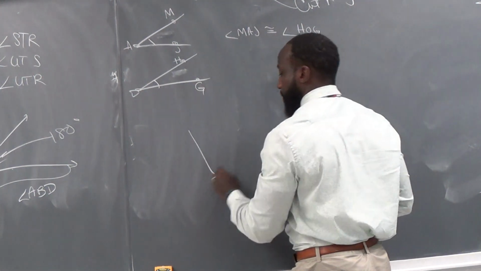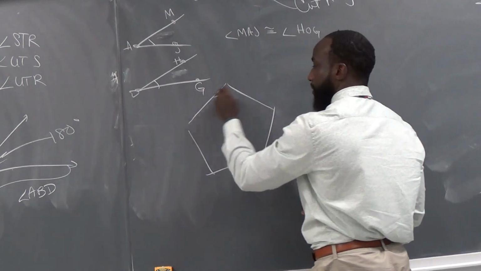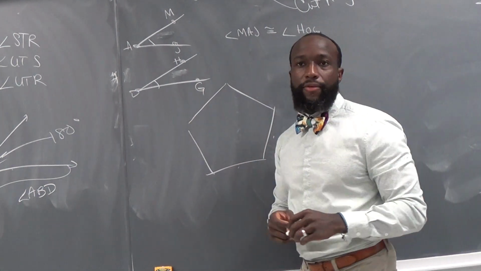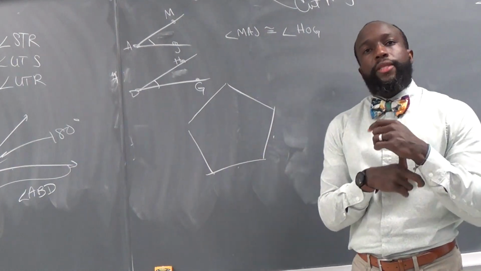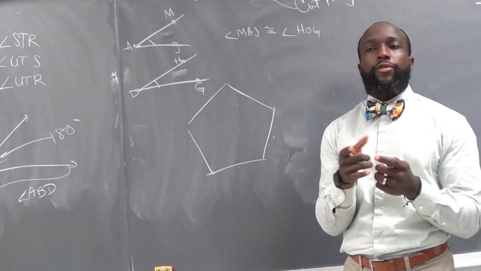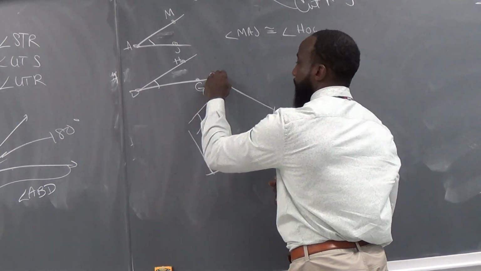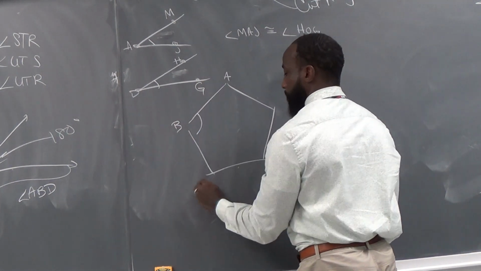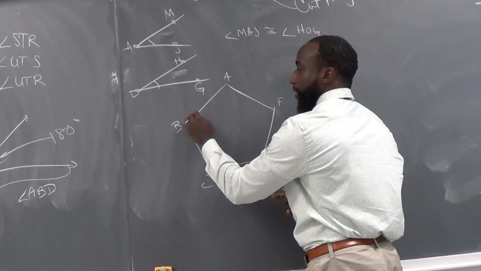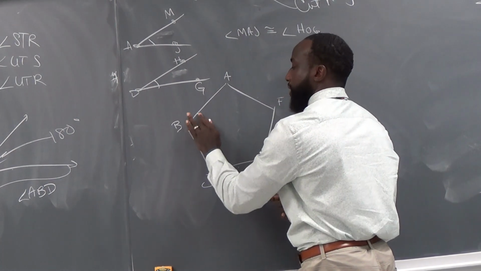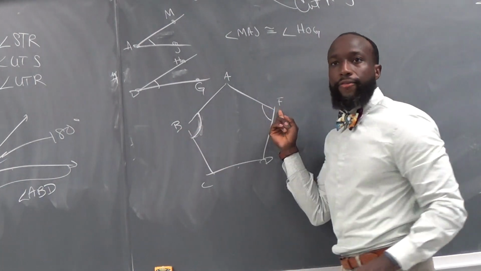The book does it this way. They give you a shape. This is a five-sided. What's the name of it? Pentagon. Right, and so this is how you would know the measure of different angles or the relationship. Let's label it first. Let's do A, B, C, D, F. If I put one notch here, that means angle B and angle F are congruent.